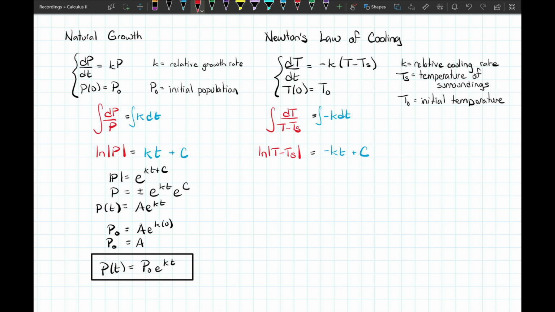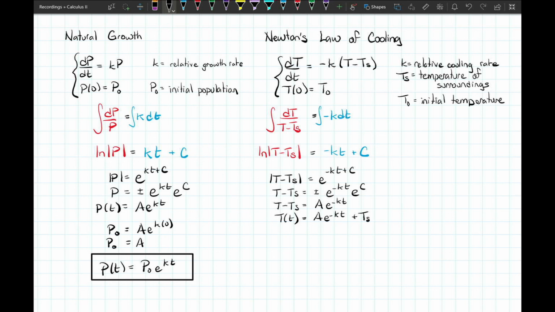From here on, we can follow all of the same steps to get to a solution of T, temperature, at time t. Following those steps, we end up with the general solution, temperature at time t is equal to some arbitrary constant A times e to the negative kt plus Ts. And A here is just some constant that is equal to plus or minus e to the power c.